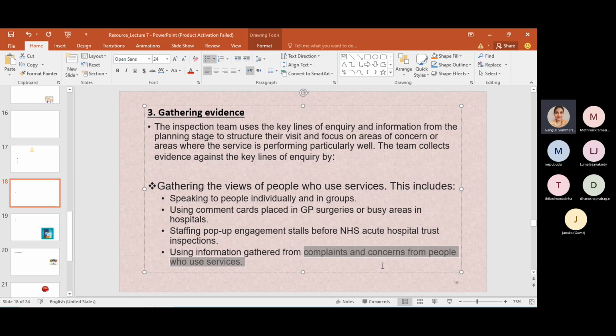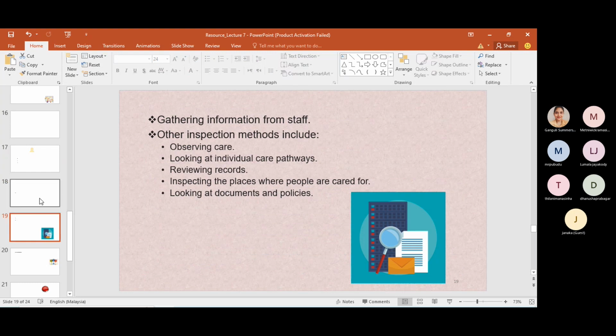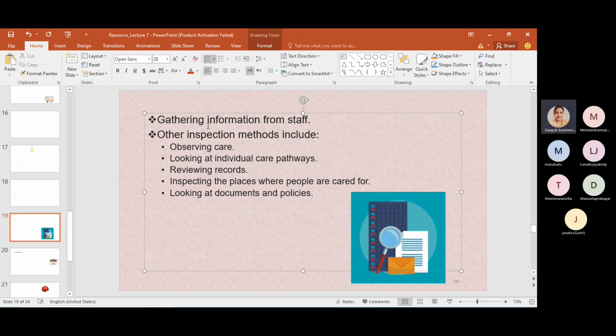So this is how the inspection team will gather the views of people who use the service. And then this inspection team can gather some information from the staff members in the workplace as well.